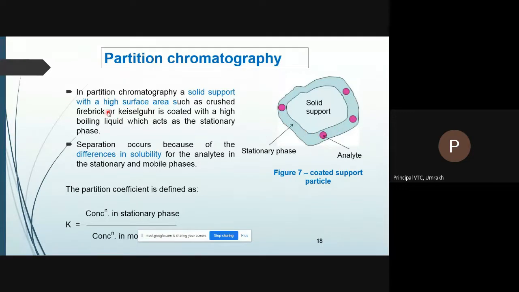So in partition chromatography your solid support should have a high surface area. If it has a high surface area, it can hold more stationary phase. This solid support with high surface area is not the stationary phase. It is just a support material which holds the stationary phase, and your stationary phase will be liquid.